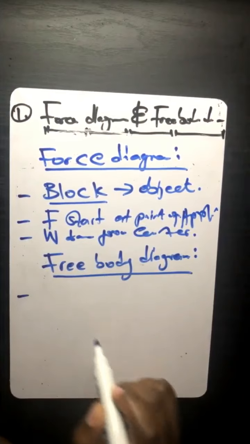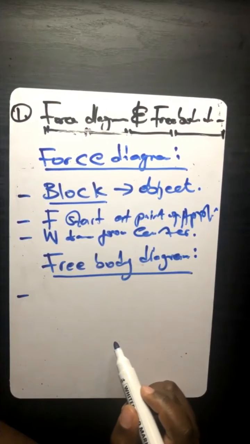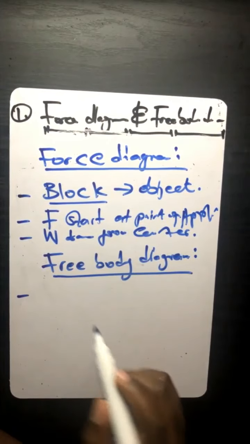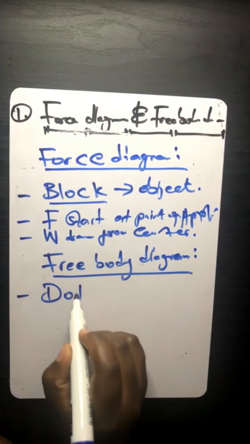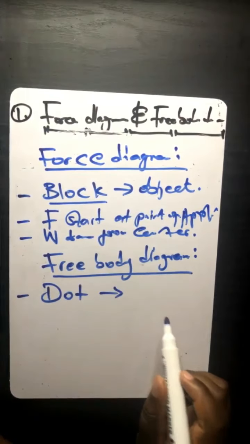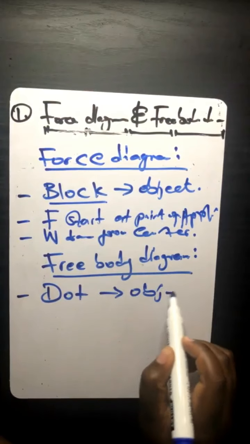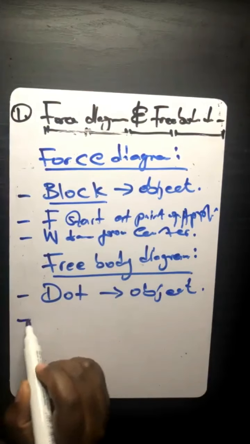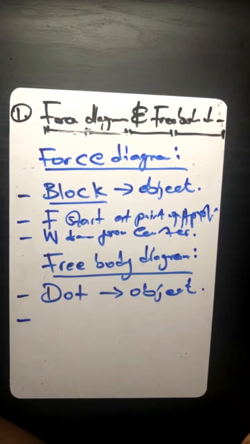So, firstly, guys, the object is represented by a dot. Very, very much important, ladies and gentlemen. What does the dot represent? It represents an object. The vectors start at the dot and they all point away from the dot.